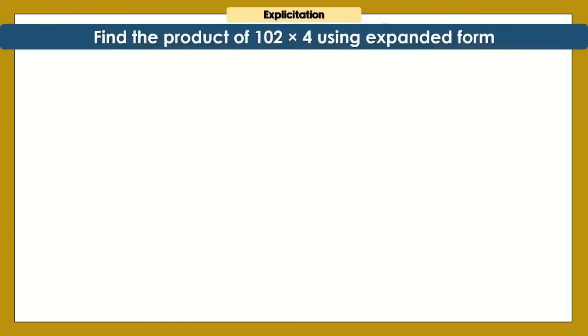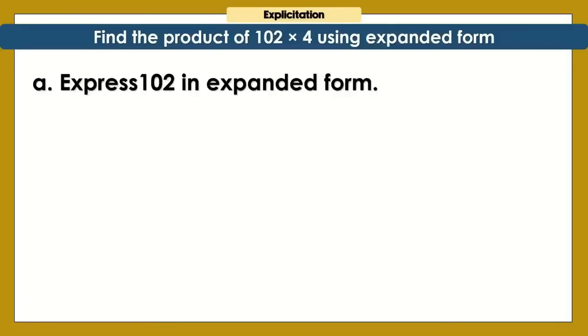Find the product of 102 times 4 using expanded form. Express 102 in expanded form. 102 times 4 equals, (100 plus 0 plus 2) times 4.